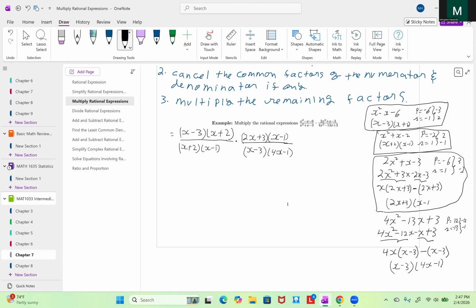Multiply the numerator and the denominator of the rational expressions. When we multiply, you multiply the numerators, and then you multiply the denominators.